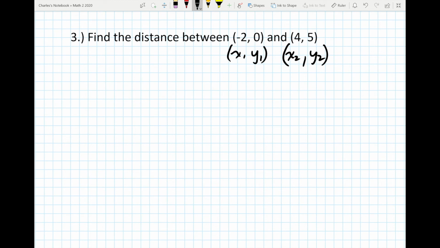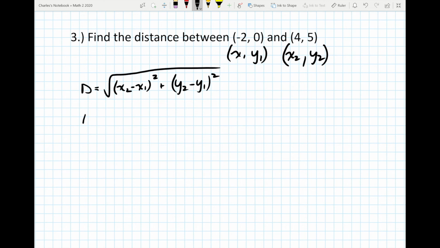And my distance formula is x2 minus x1 squared plus y2 minus y1 squared, and it's the square root of that. And my midpoint is going to be x1 plus x2 divided by 2, comma, y1 plus y2 divided by 2.